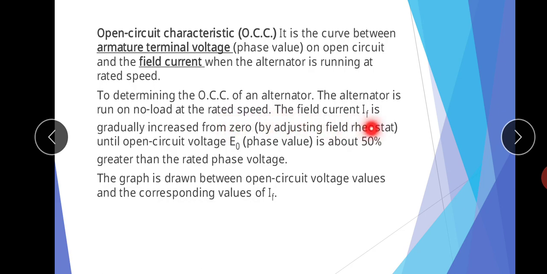The field current IF is gradually increased from 0 by adjusting the field rheostat, as discussed, until the open circuit voltage E0 is about 50% greater than the rated phase voltage. The graph is drawn between the open circuit voltage and the corresponding value of the field current IF.